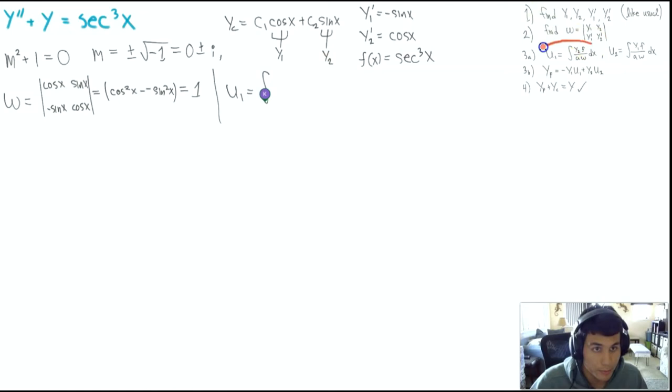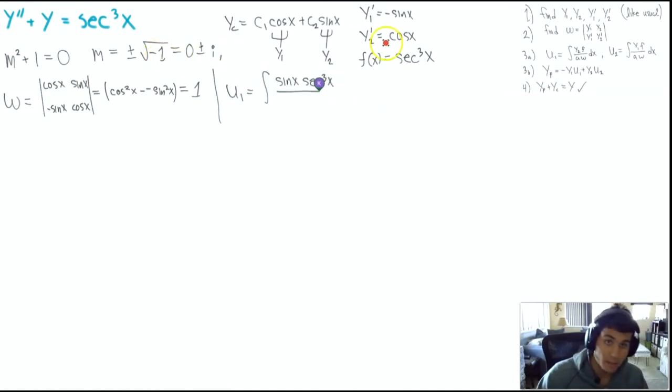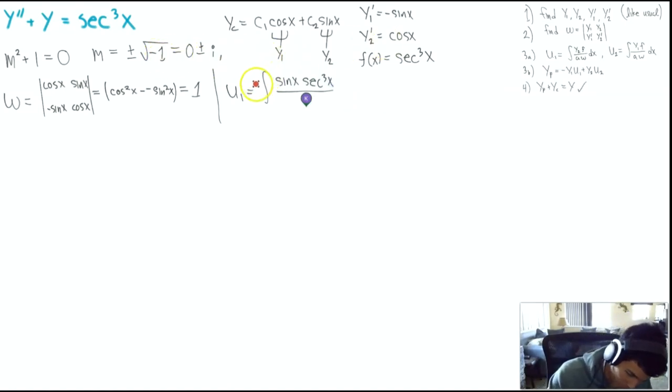Okay, using this formula right here, y2 is sine x, and f of x is secant cubed x, and a is just 1 and W is just 1, so this is that.